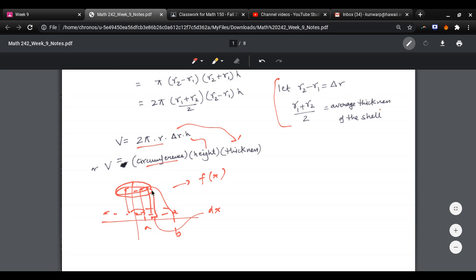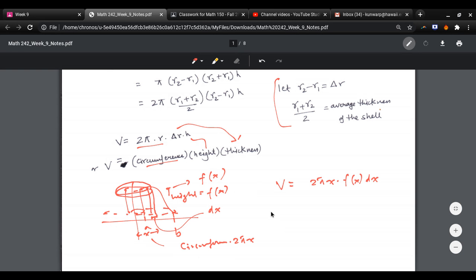The height is the value of the function, which is f of x. And the circumference depends on where we are. So if we are at x, the circumference is 2 pi x. So what we get is that the volume becomes 2 pi x f of x dx.